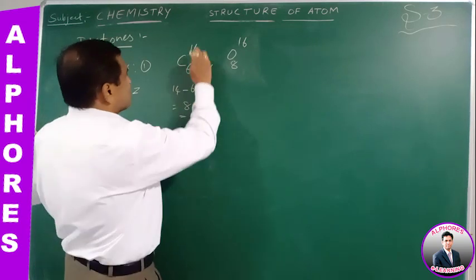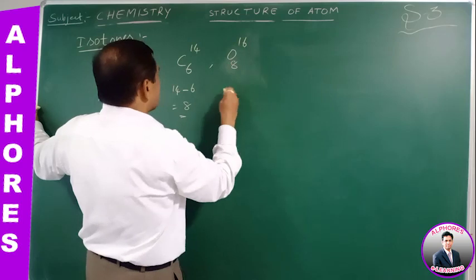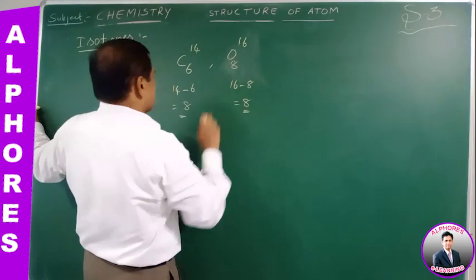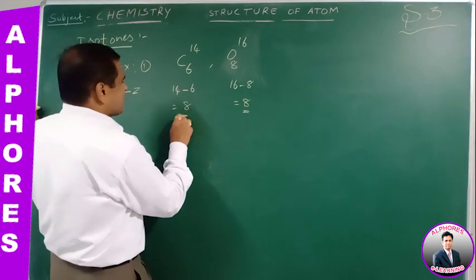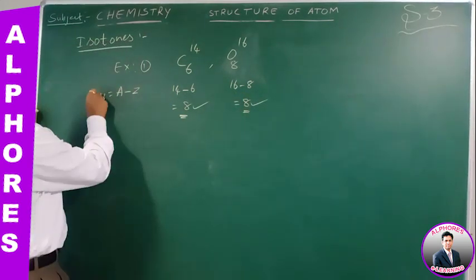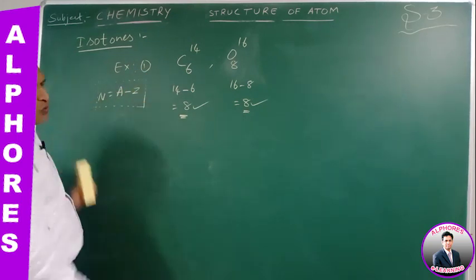For oxygen, 16 minus 8 also gives 8 neutrons. So both species contain 8 neutrons, so they are called isotones.